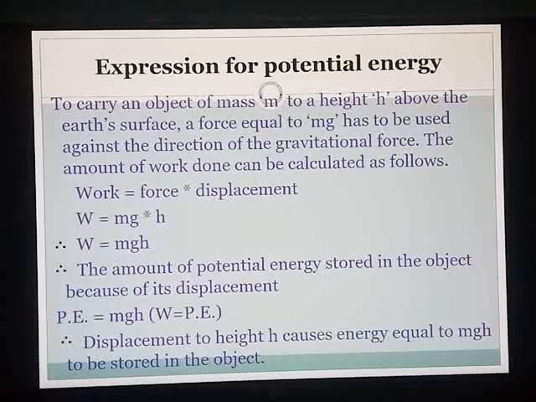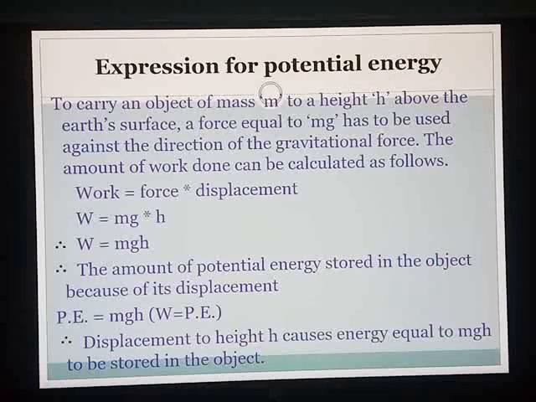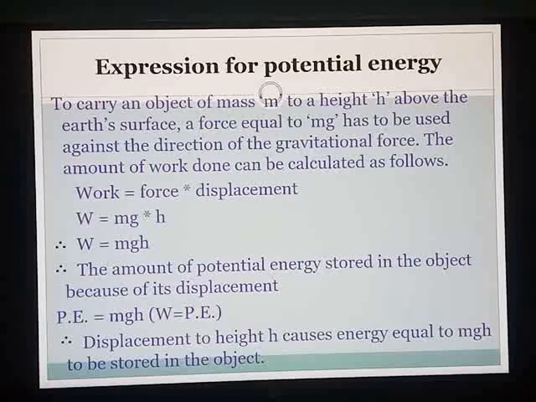You will ask me why potential energy? Because the energy is stored in the object because of a position, because of the height. So potential energy is equal to mgh. Displacement to a certain height h causes the energy which is equal to mgh to be stored in the object. And hence the expression for potential energy is equal to mgh.